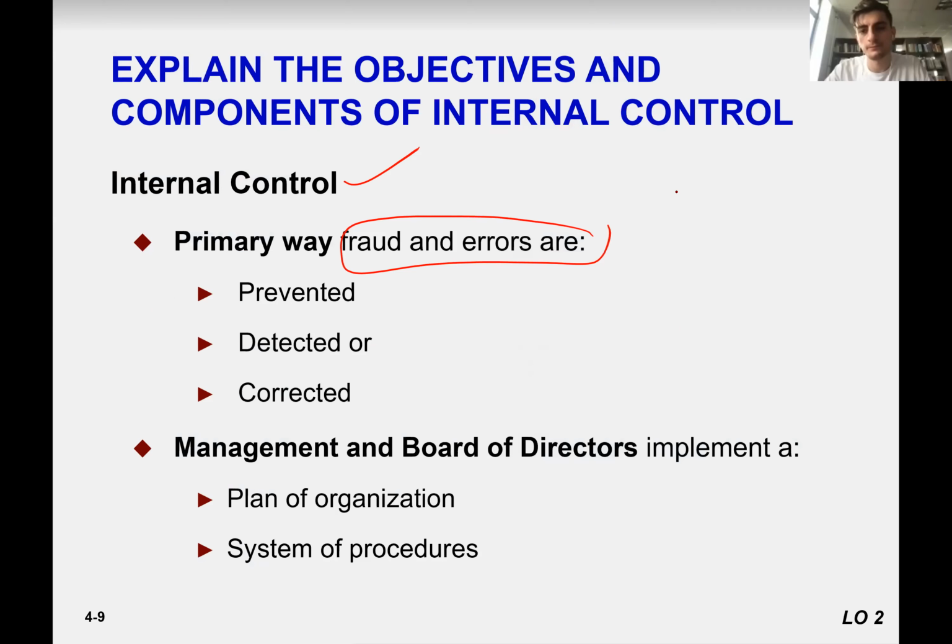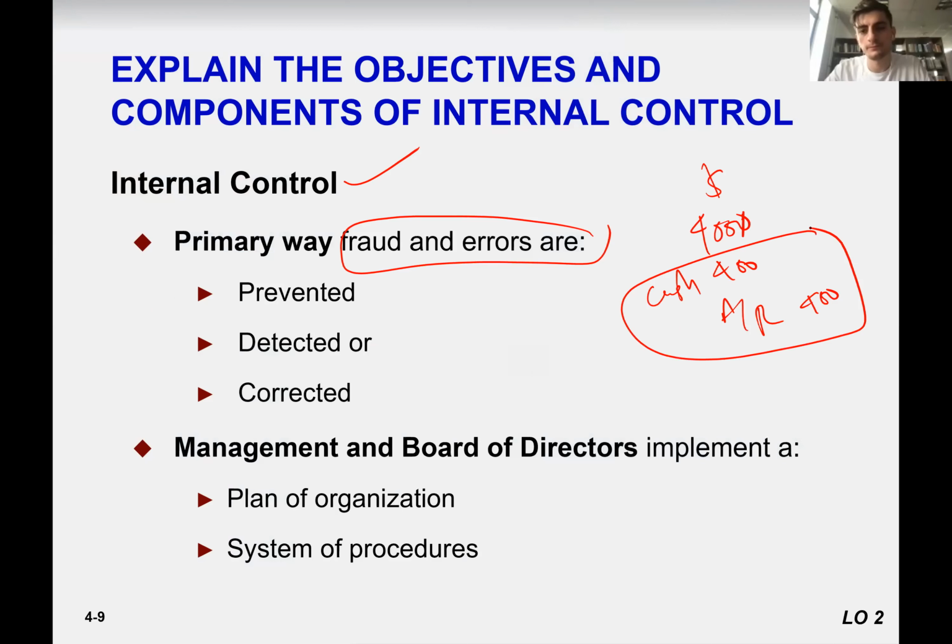For example, you received cash of $4,000 from a customer. What is the entry? Cash to accounts receivable, but you write it down as 400. If your intention is to take 3,500 to your pocket, then that is fraud.